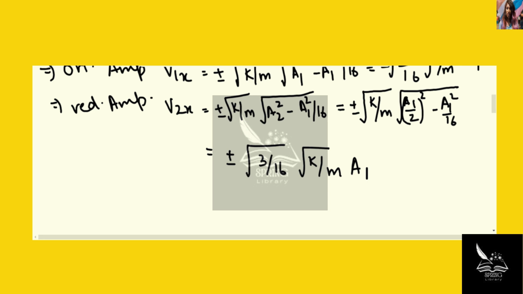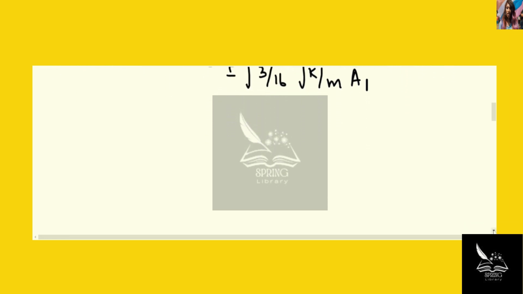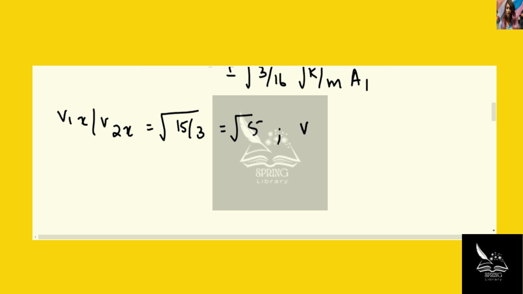Now in order to compare both the quantities, we are going to take the ratios. That is v1x upon v2x equals root of 15 upon 3, that is root 5. So what can we tell? That v2 equal to v1 by root 5.